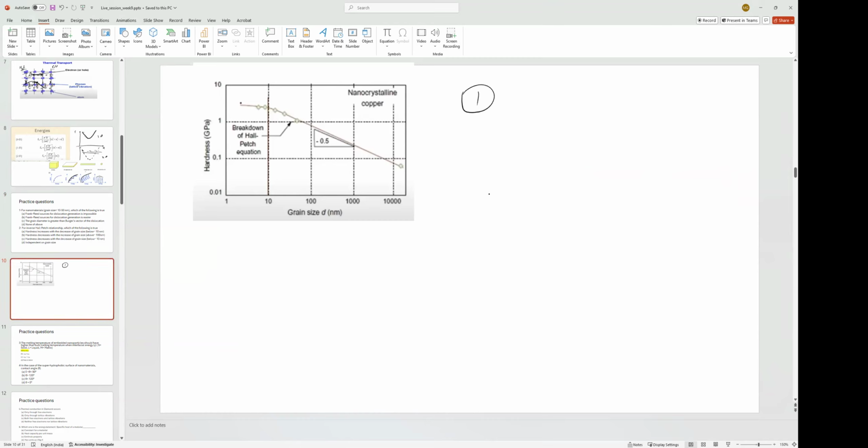You cannot form more dislocations, since the dislocation spacing is less than the particle diameter.